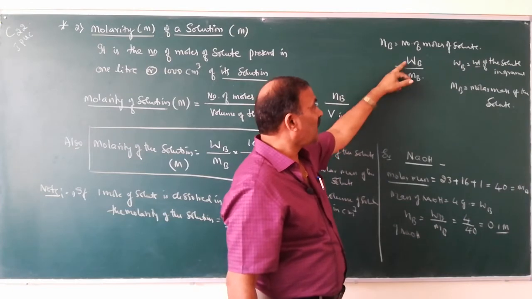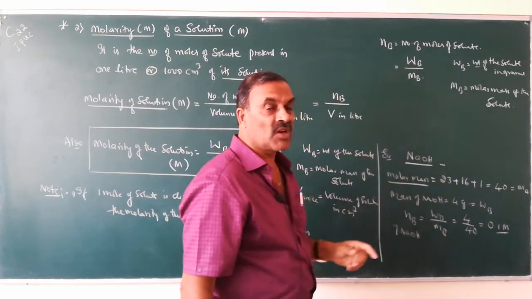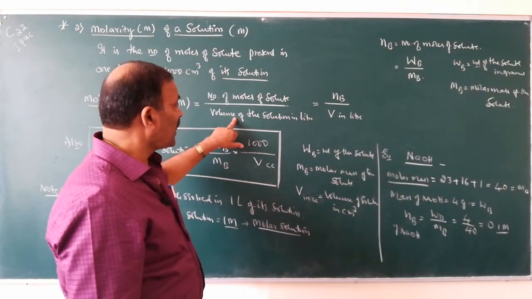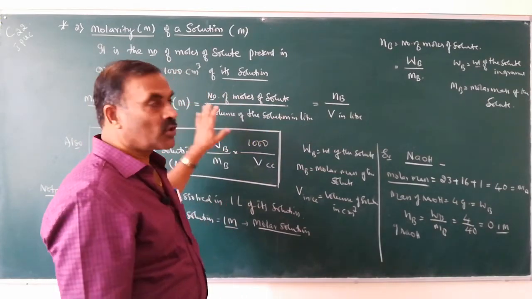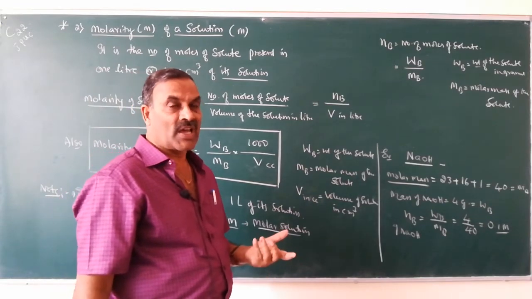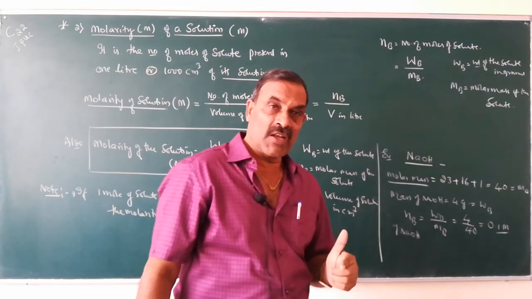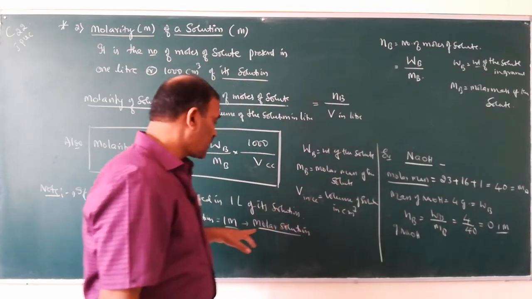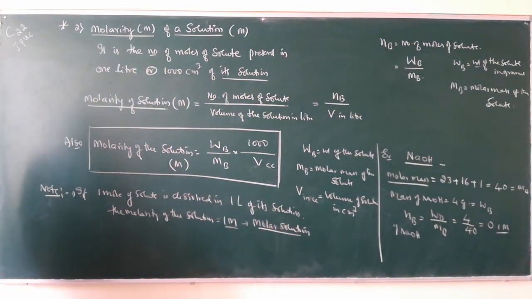That means number of moles is equal to 1. If 1 mole of solute is dissolved in 1 liter of its solution, then M is equal to 1, the molarity of the solution is 1 molar, and the solution is called molar solution. This is note number 1.